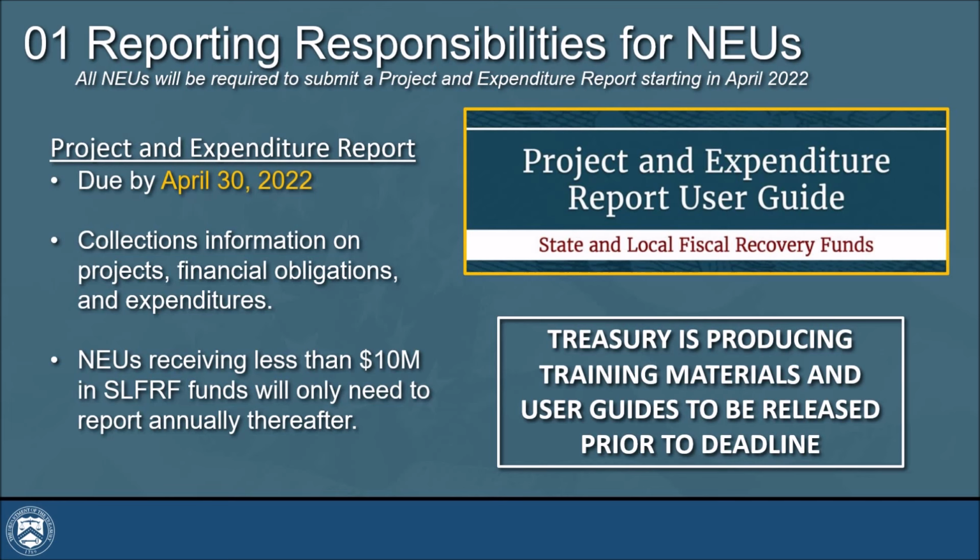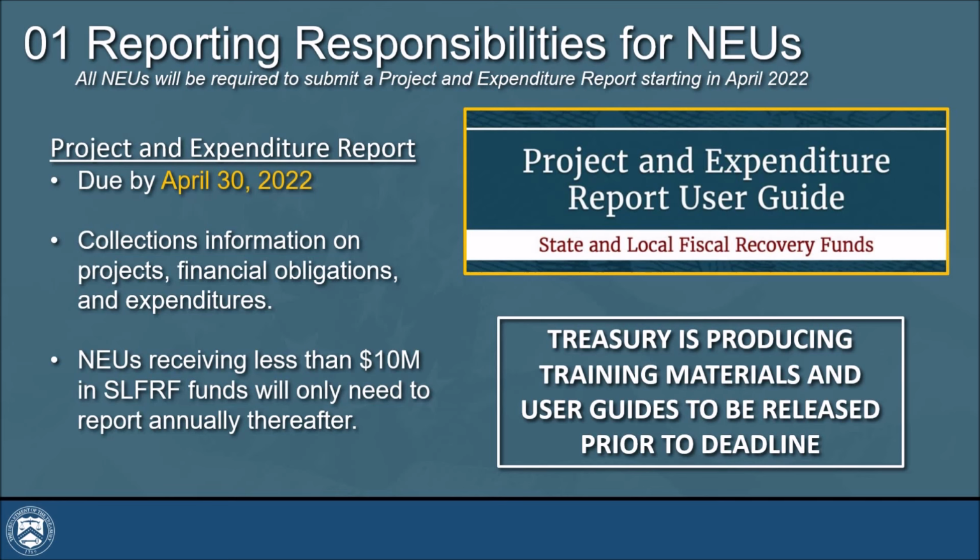This will include completing financial, performance, and compliance reporting requirements as outlined by the compliance reporting guidance. As the name suggests, the report will collect information on all SLFRF funded projects. Projects are new or existing eligible government services or investments funded in whole or in part by SLFRF funding.